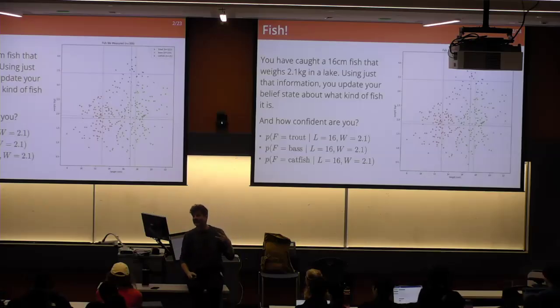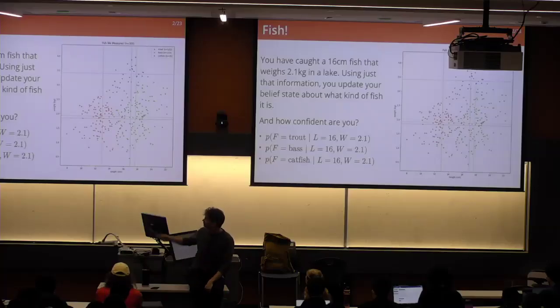Those are the only 3 kinds of fish we have in our lake, so those should add up to be 1. All right? So what we're going to be doing is creating a Bayesian classifier. It's a machine learning tool, and this is based on the idea that given the data you've got, you make up a probability of it being in one of these 3 different classes, and they should add up to be 1.